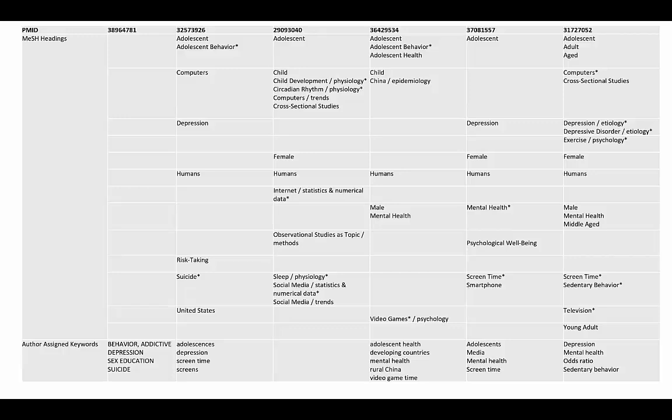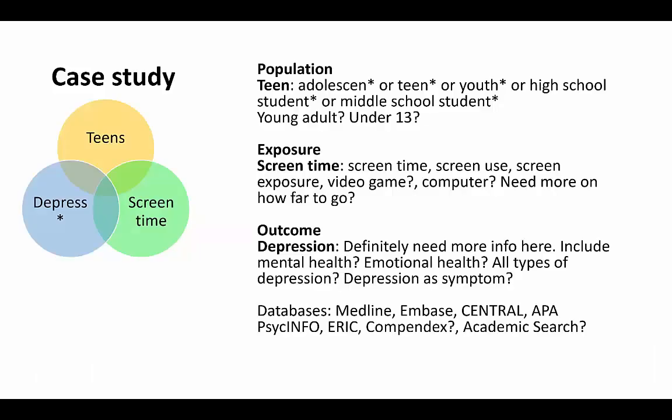Okay, so let's look at the next thing here. I put together a little Venn diagram and started putting together potential keywords, thinking about how everybody was saying that for the exposure, video games, computers, maybe television need to go in there. How far are they willing to go? How many articles are they willing to sort through?